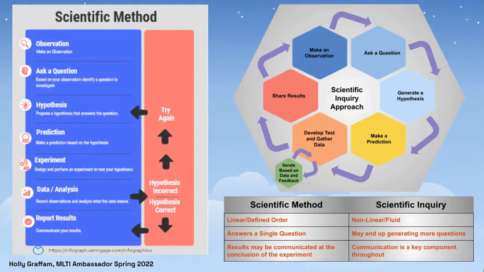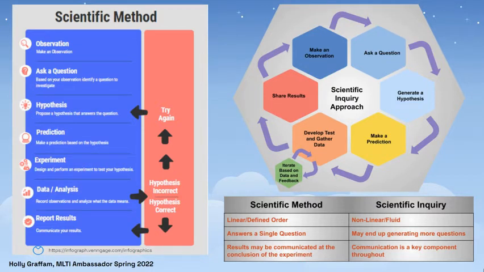And finally, the model that you're probably most familiar with would be the scientific method that I have here up on the left. But if you look at the right, I've also created a model here of scientific inquiry. So the scientific method is a very linear model.